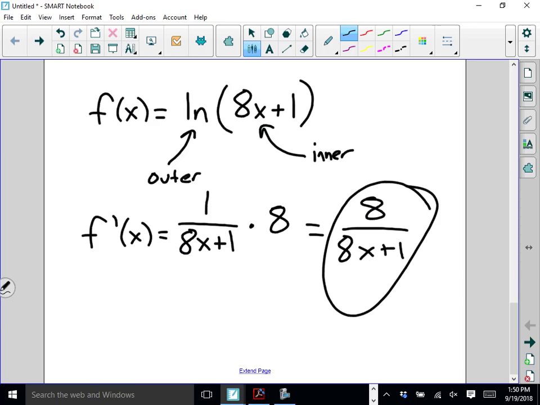So natural log stuff, that derivative is 1 over stuff times stuff prime, the derivative of the stuff. So I have 1 over 8x plus 1 times 8, which was the derivative of the inside. I simplify that nicely to 8 over 8x plus 1. Note that I can't cancel those 8s because of that plus 1 at the end. Okay? Next.